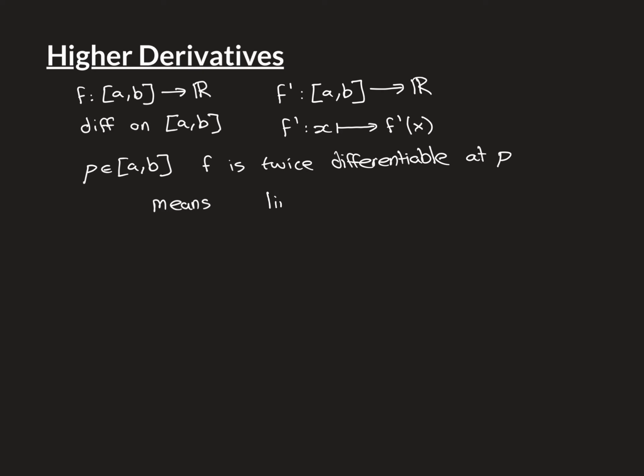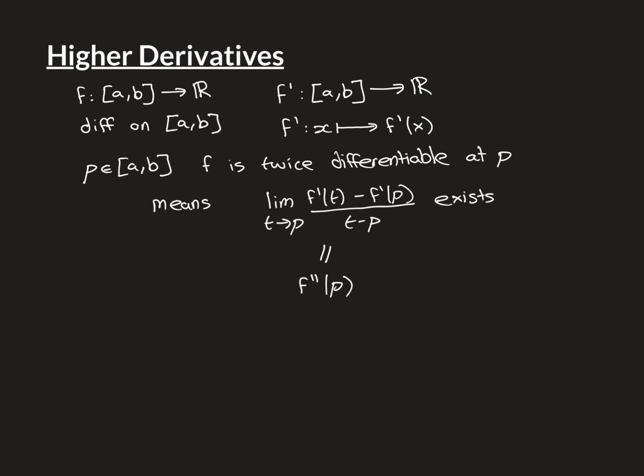So that means that the limit as t approaches p of f prime at t minus f prime at p, over t minus p, exists. That's the meaning of f prime as a function being differentiable at the point p. This is the difference quotient for the point p. And if that's the case, we will call the value of this limit the second derivative of the function at p.